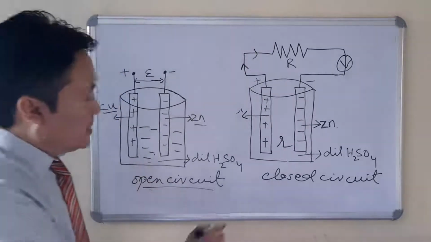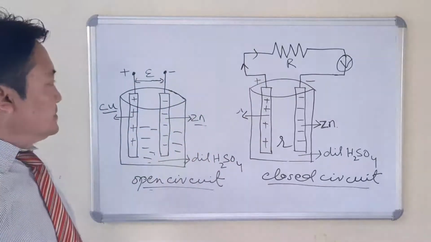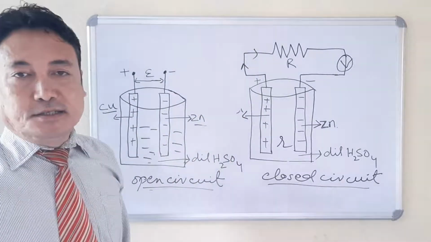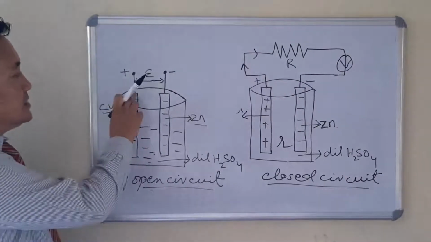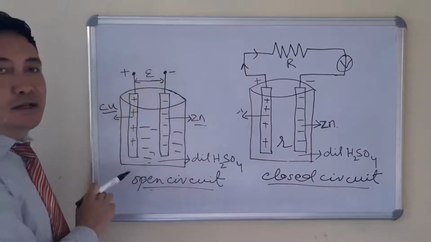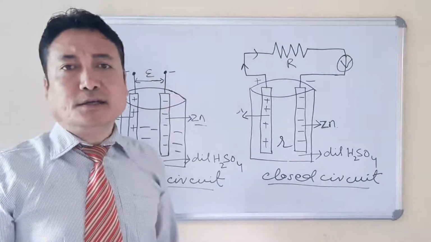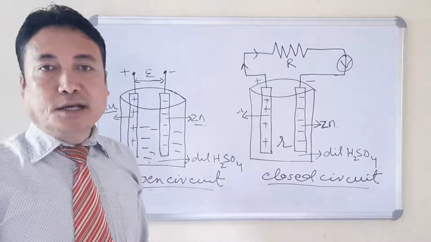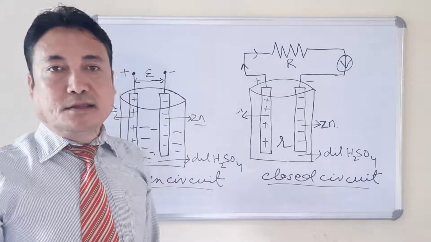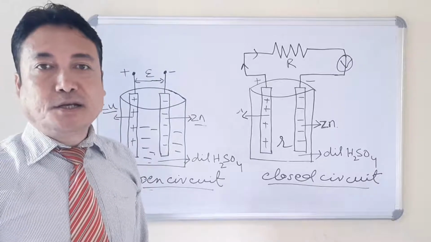The second one is the closed circuit. Let us discuss the open circuit first. When the terminals of the cell, negative and positive, these two terminals, are not connected to the external circuit, no current is drawn from it, and the circuit is said to be an open circuit.